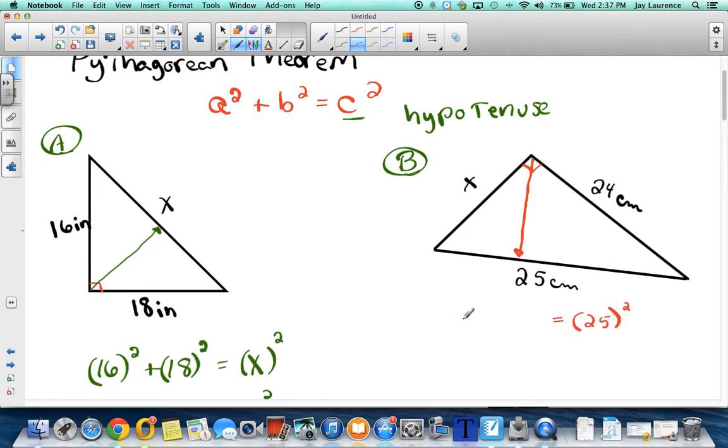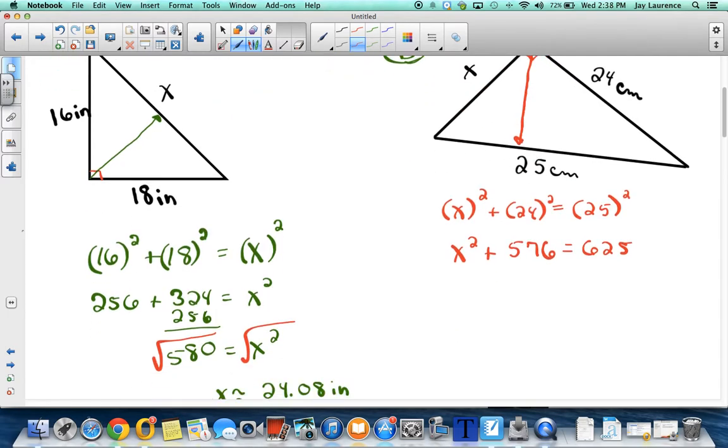All right, we're going to have x squared plus 24 squared. I'm going to square everything, so I'll get x squared. X times x is x squared. Okay, 576, I think. 24 squared, I think, is 576. Let me just confirm that. Yes, I am correct. And then 25 squared will be 625.